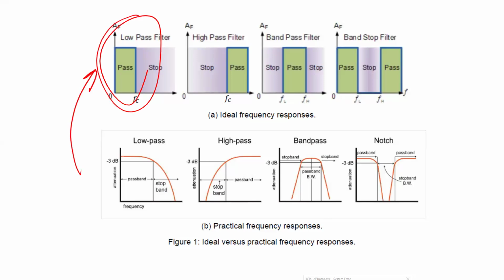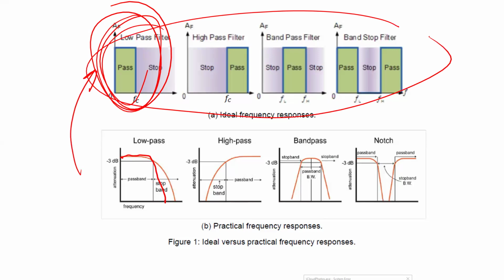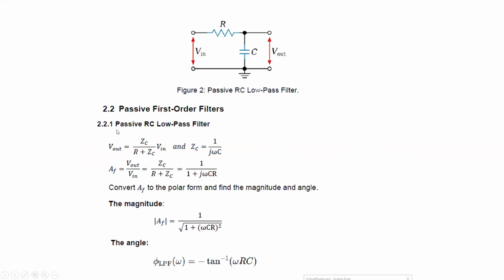That means as the response becomes closer to the ideal response, the circuit is better. And not only that, but nothing is for free. If you want a frequency response close to the ideal one, the circuit has to be more complicated. This is maybe something you are going to learn in the future. This is just an introductory experiment about filters, okay?